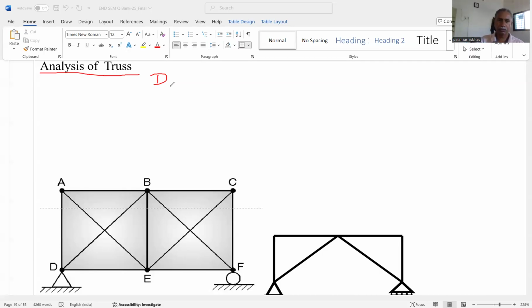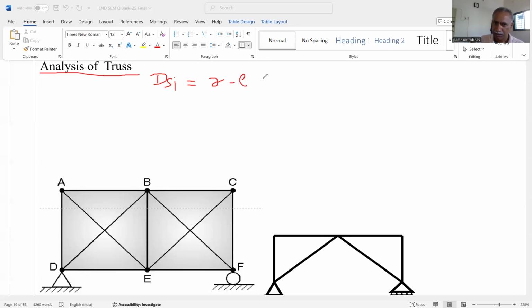Okay. So, first of all, we have discussed the degree of static redundancy and kinematic redundancy. We know that DSI, the degree of static redundancy for the truss, is equal to external plus internal. External is the number of reaction components minus the number of equations.